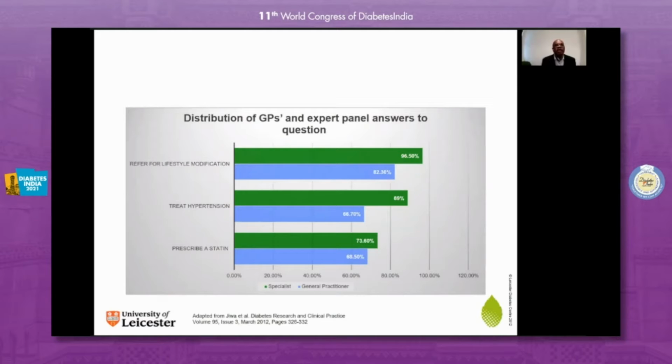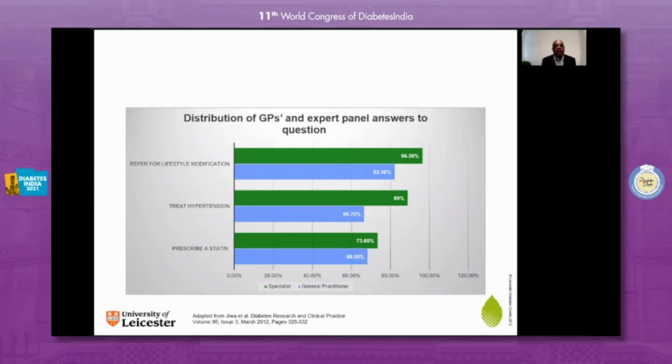For example, when it comes to lifestyle modification, 82.3% of the GPs interviewed agreed that they were going to offer lifestyle interventions to patients who really needed it, compared to 96.5% of specialists. Similarly, for hypertension treatment, for patients who had blood pressure above target that needed augmentation of their medications, 66.7% of GPs admitted they were going to do this, compared to 89% of the specialists.